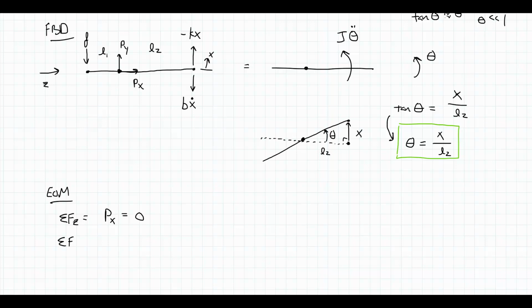In the X direction here, the vertical direction, on the left-hand side I am going to have negative F, since X is positive up, plus P sub Y, also up, negative kx, and then down, negative b x dot. And that will equal 0.